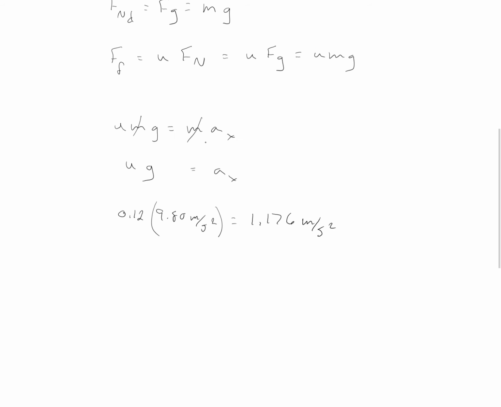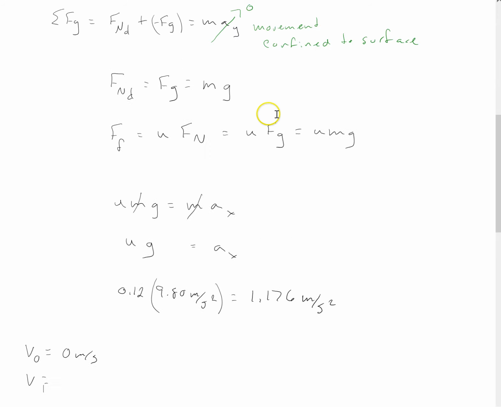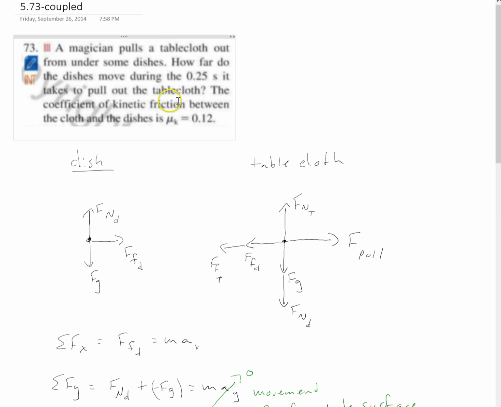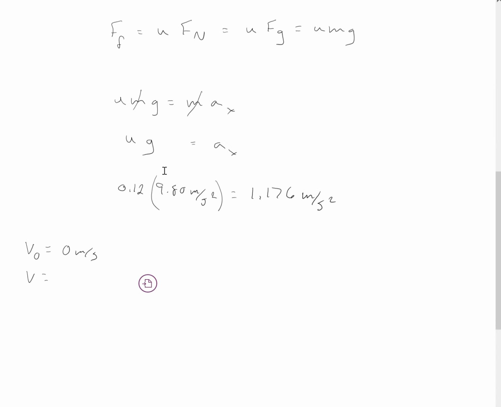Now think about what's happening with the dishes. The initial velocity of the dishes is 0. Final velocity, is that what I want to know? Nope, I want to know how far they are going to move, so I don't care about that part. Initial position, I'll say is 0.